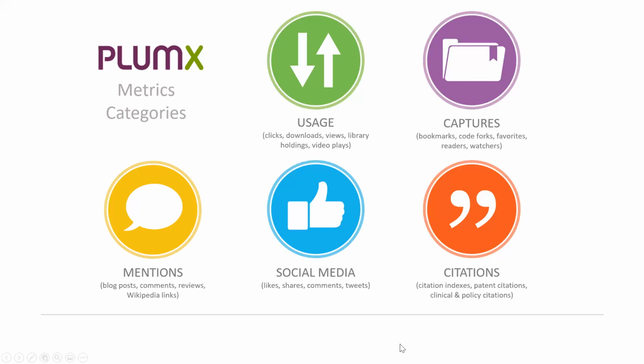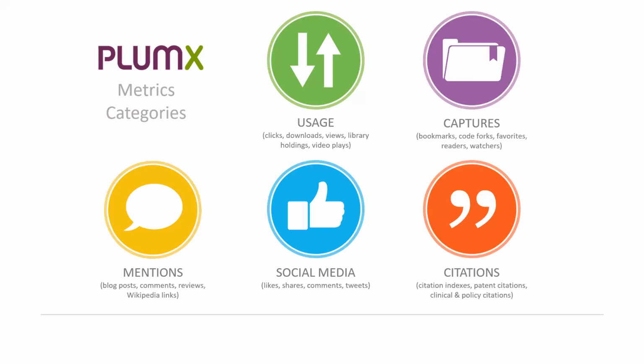And then the fourth group, which is social media. This is the category that includes tweets, Facebook likes, and etc., that refer to the research. Social media can help measure, let's say, the attention, the buzz of the research. It can also be a good measure of how well a particular piece of research has been promoted, but it's also showing us how many people are really interested in what we are doing.